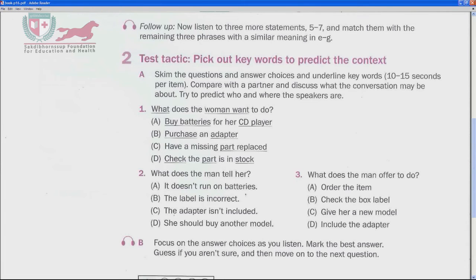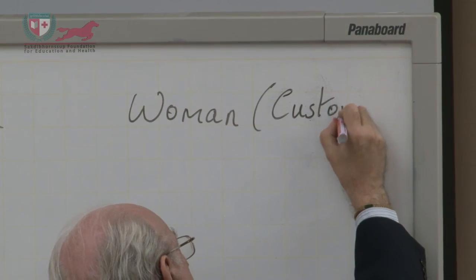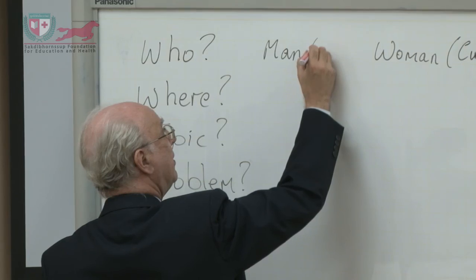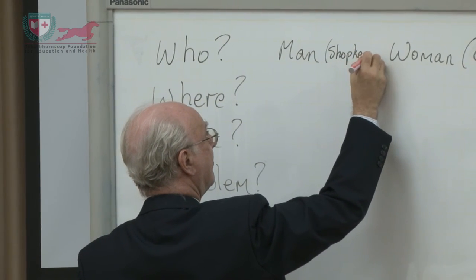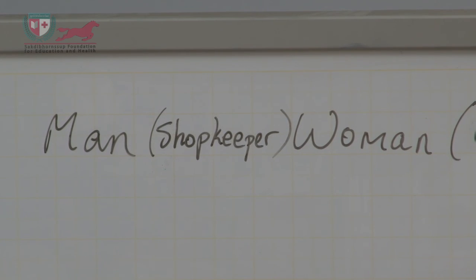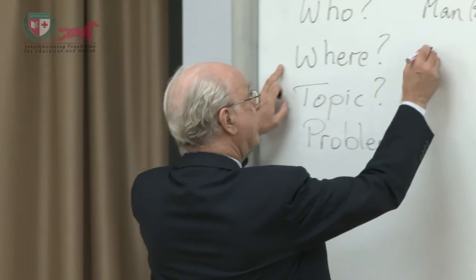Okay. Now, we know who the woman is. The woman is a customer. So, who is the man? The man is the shopkeeper. Where are they? In a shop.